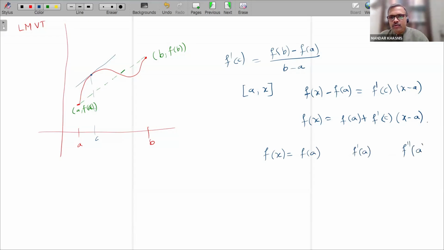If these values are known to me, then we can retrieve f(x) at least in the neighborhood of a by this expression: x minus a by 1 factorial, then x minus a squared by 2 factorial, and so on. Now, if you want equality, either you have to write dot dot dot, but then that is an infinite series, so there is a question of convergence.